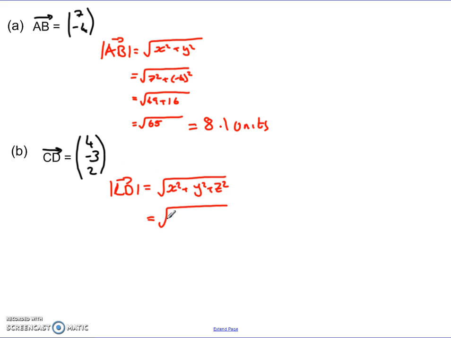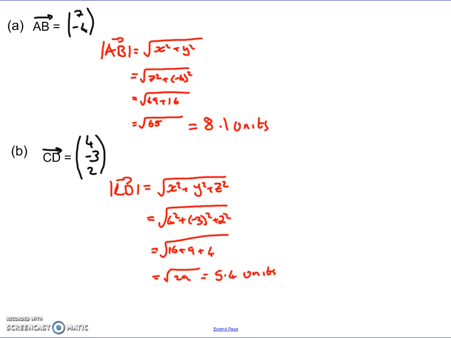So that gives me the square root of 4 squared plus negative 3 squared plus 2 squared. 4 squared is 16, plus negative 3 squared, which is 9, plus 2 squared, which is 4. That gives me the square root of 29. The square root of 29 is equal to 5.4 to 1 decimal place. It's 5.4 units. So there you go.